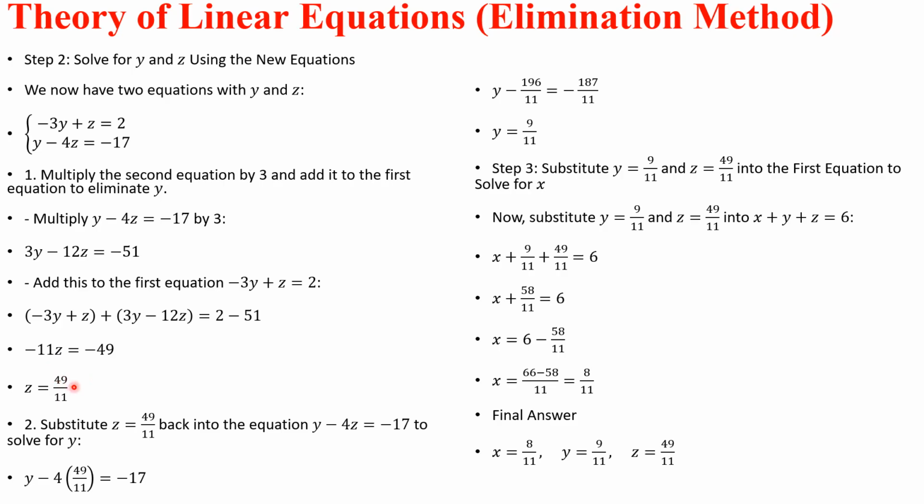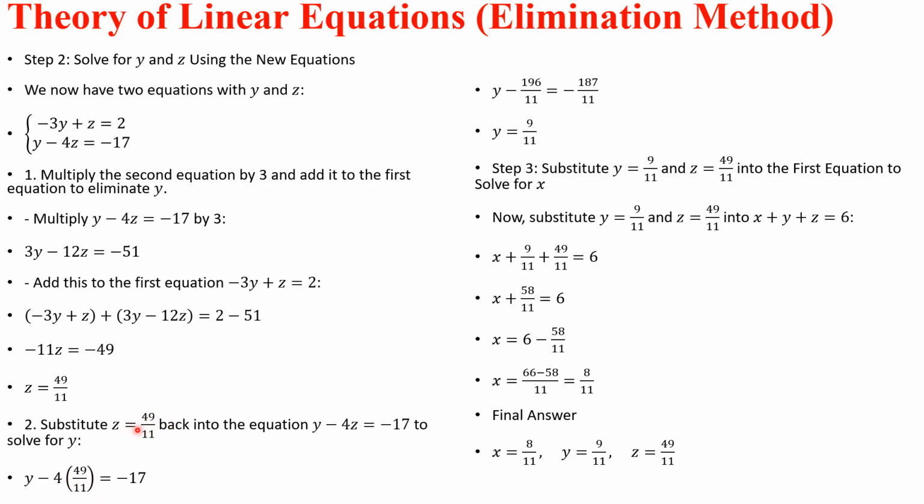We can then substitute this back into equation 4. Basically any of the equations would do, but this will appear simpler. So we can substitute z into equation 4 to determine y, and that is what we've done here. You can see y minus 4 into brackets.